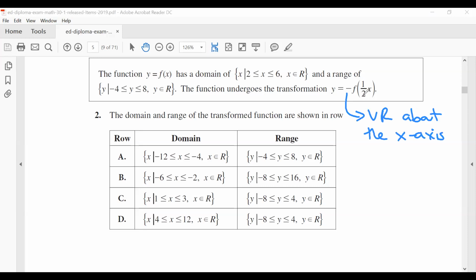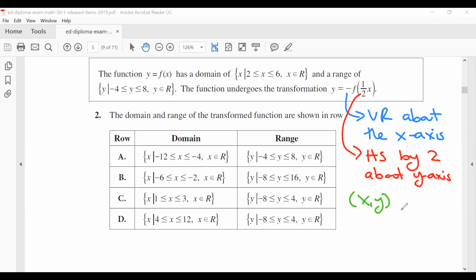And this is a horizontal stretch by a factor of 2 about the y-axis. Now, it's up to you if you want to make a map or not. You certainly could. It's never a bad thing to do. So (x, y) would become (2x, negative y).